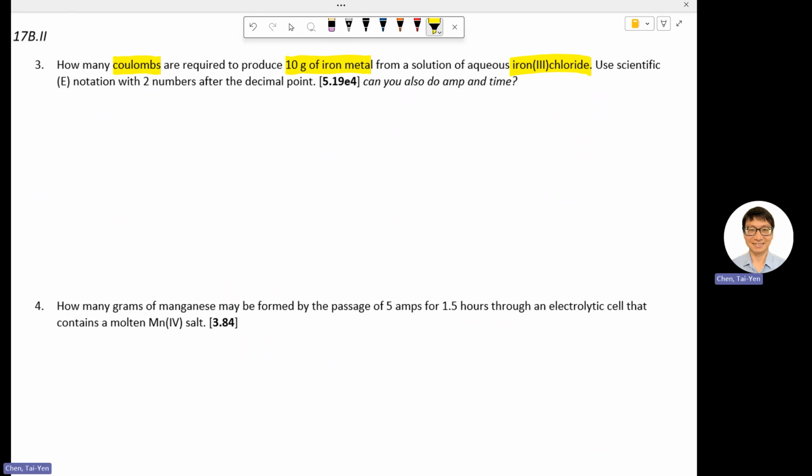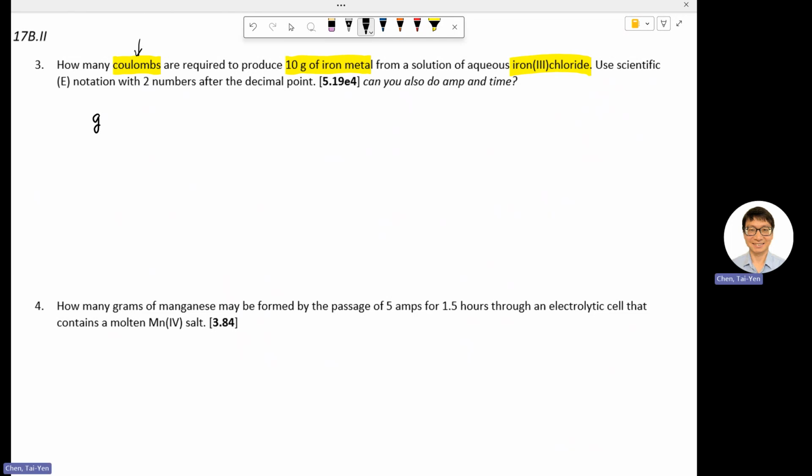So this is the kind of question that we are going to encounter. It's asking you how many coulombs, right? So coulombs is the keyword. This basically just plugs into the equation.